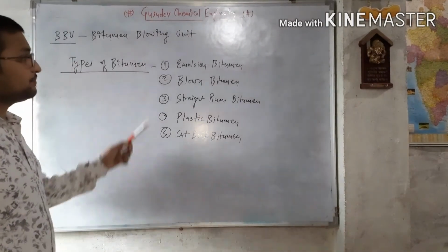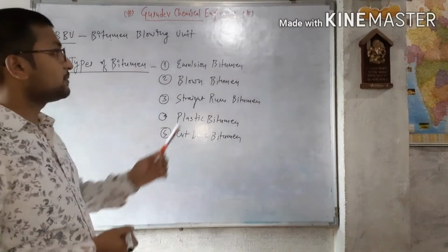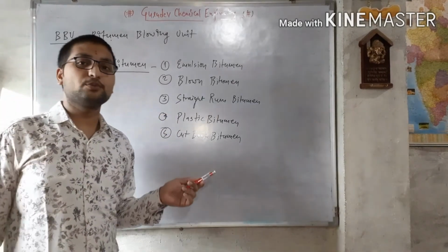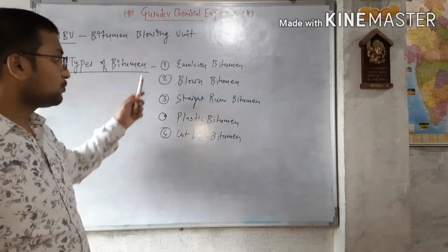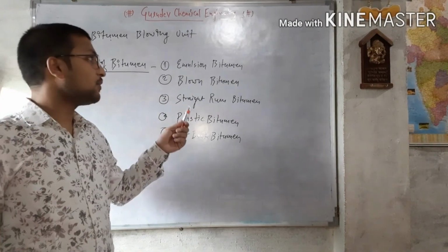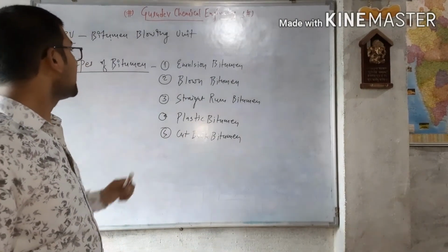So these are the general five types of bitumen: emulsion bitumen, blow bitumen, straight run bitumen, cut back bitumen and plastic bitumen. We will discuss them in depth in the next videos. Now it's a basic type.